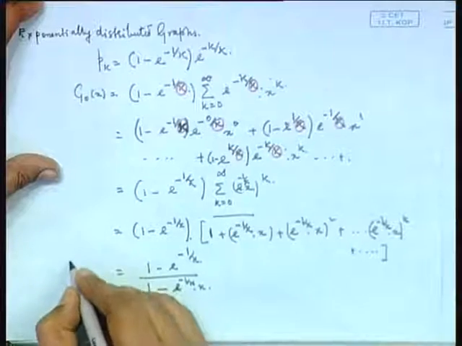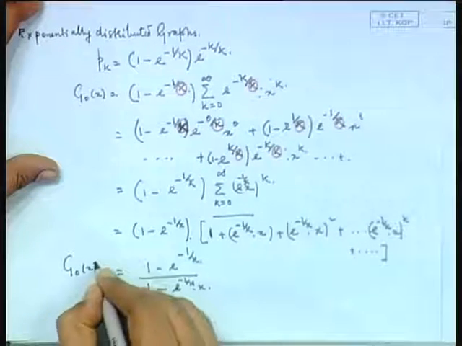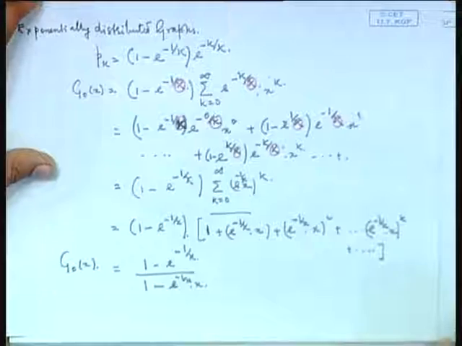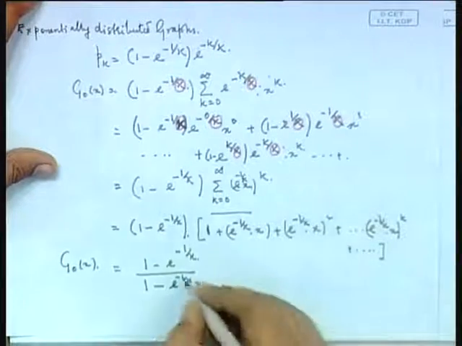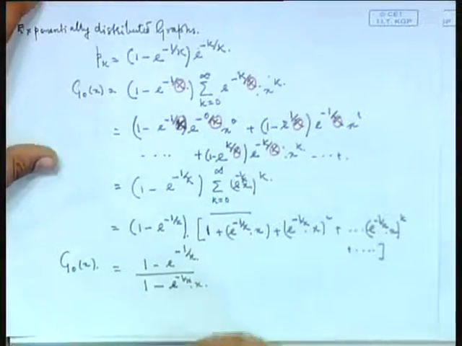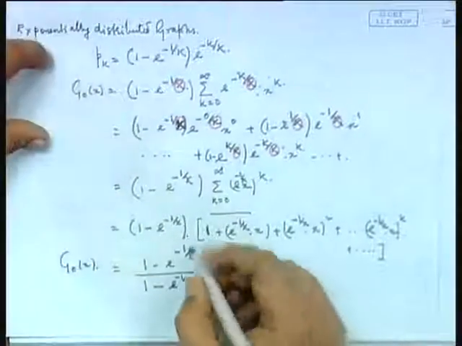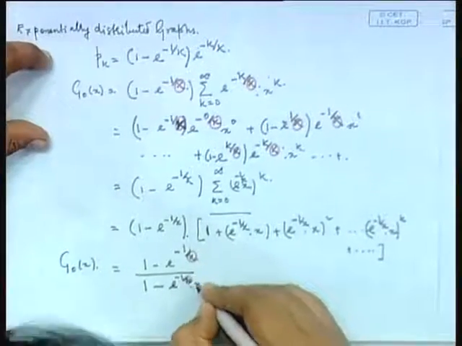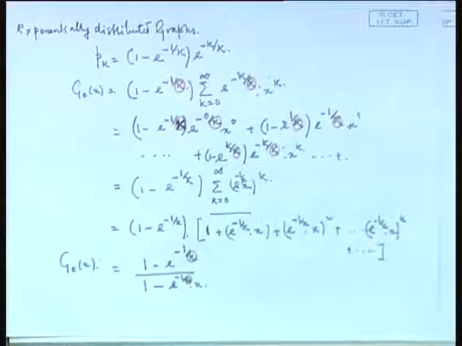That is how you get G 0 x. I do not know, my handwriting is bad. So, this is kappa and this is x. Do not mix both.